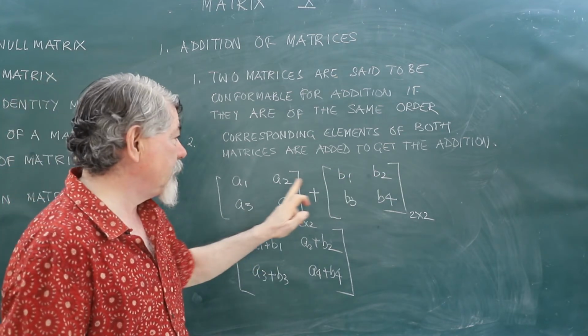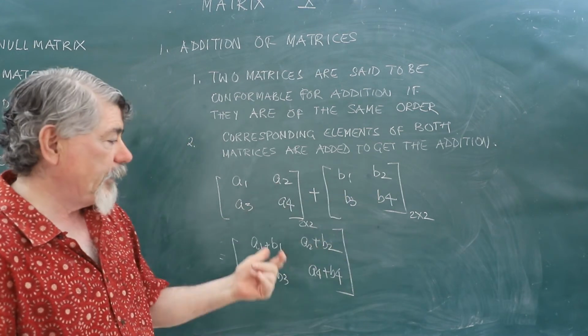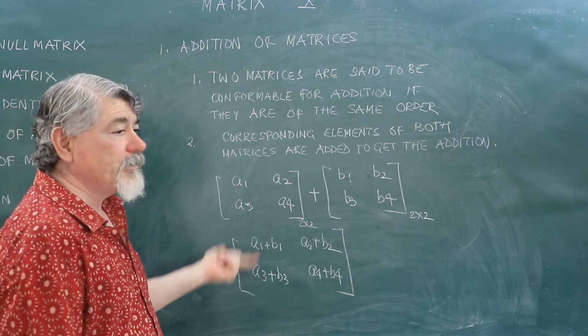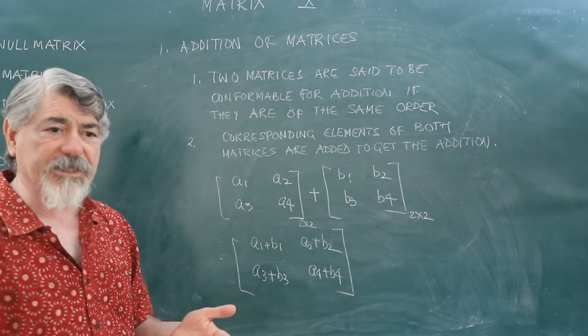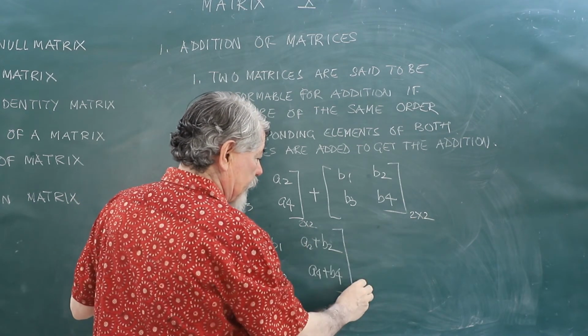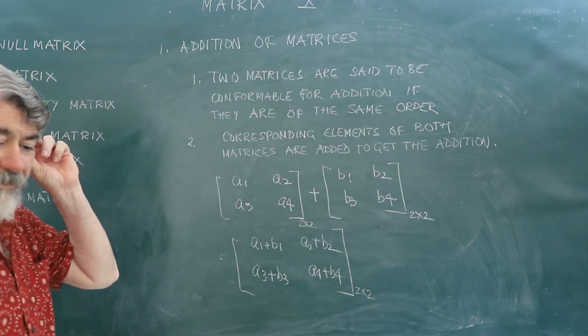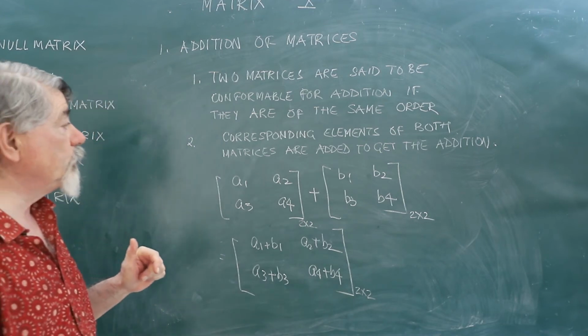Suppose there is a minus here, then it will become A2 minus B2. It will not be A2 plus B2, A2 minus B2. And the resultant matrix is of the same order. For example, 2 into 2 was the order here, 2 into 2 was the order here, then 2 into 2 will be the order here as well.